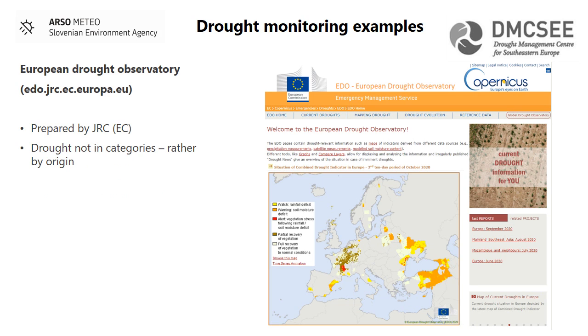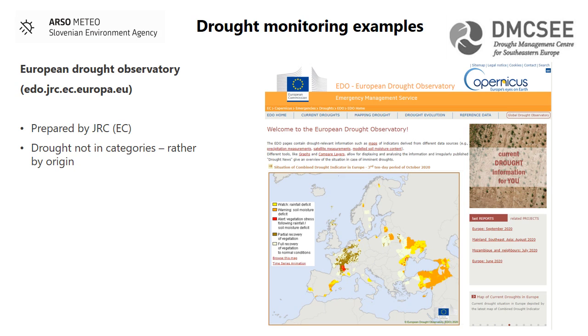The second example is from Europe. The European Drought Observatory is prepared by JRC, the Joint Research Centre, which is part of the European Commission. So this is a system that is not driven by stakeholders or organizations connected to farmers, but it is rather, I would say, administrative, or a system that is prepared by and for administration on the governmental level.